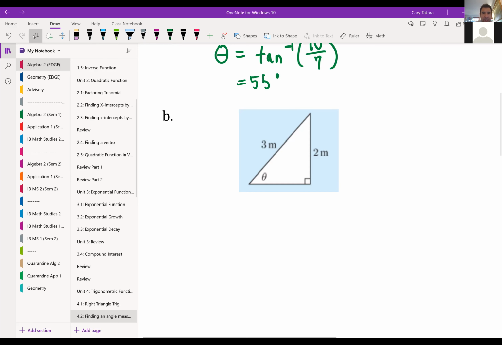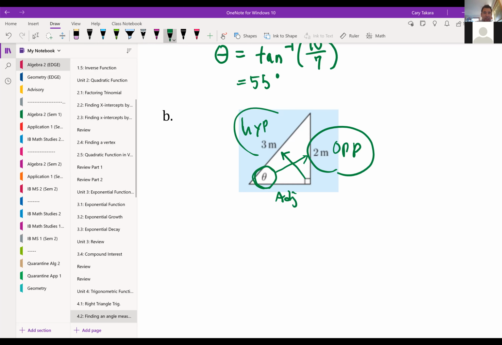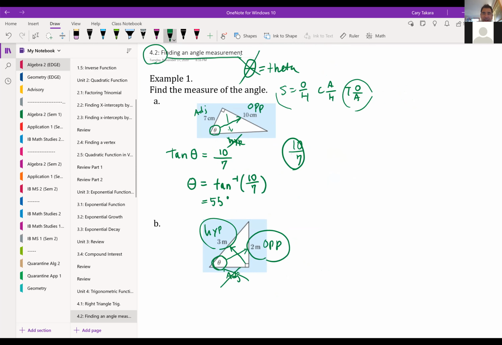Okay, you guys have this. Now B. Again, the focus angle is right here, theta, unknown. And then the opposite, hypotenuse. Guess I could stop right here, but the bottom is adjacent. We are dealing with the opposite and the hypotenuse because we've got 2 meters and 3 meters. There's nothing on adjacent. Opposite and hypotenuse, this is a sine problem.